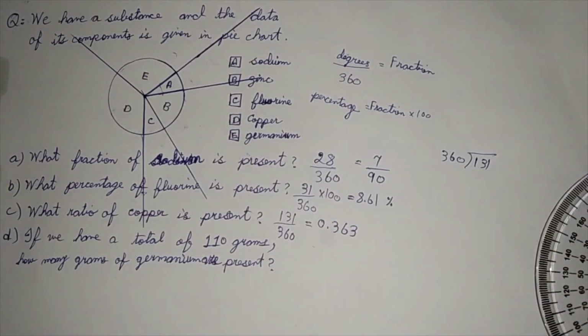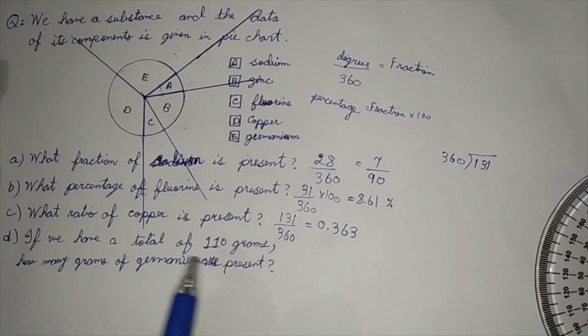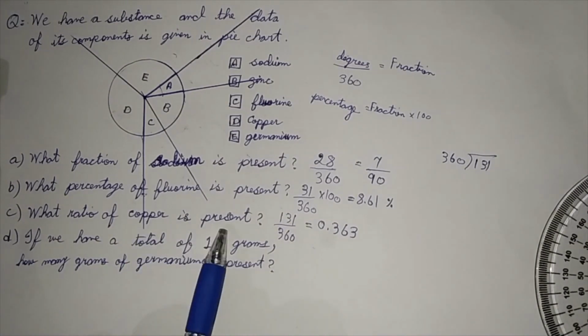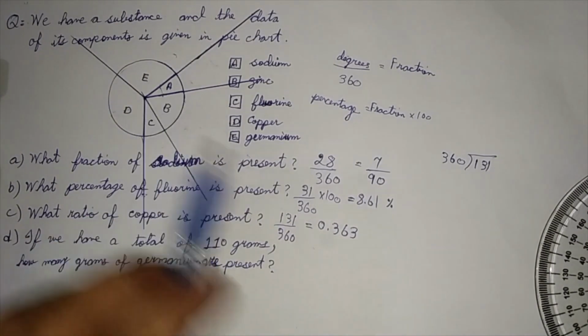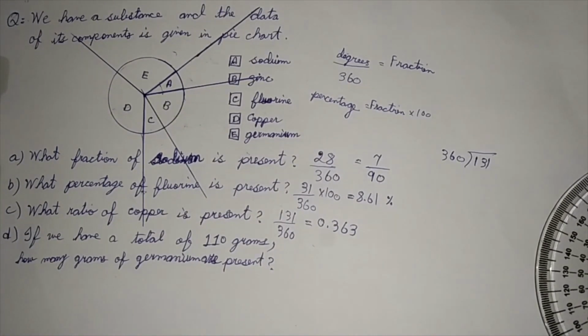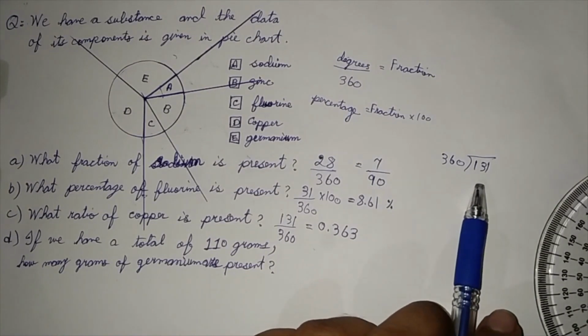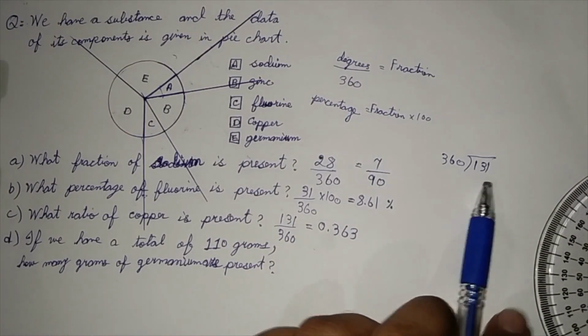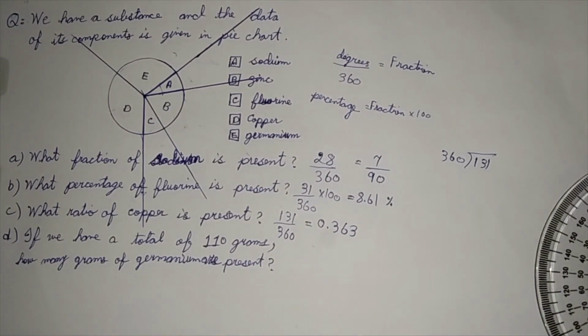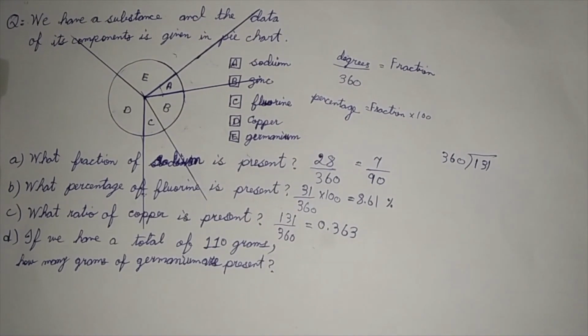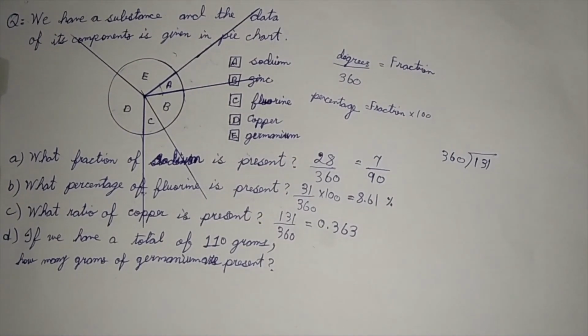Here we have our ratio of copper present in our substance. I'm not dividing it here because it's a basic concept. Clear? So that's our part C.